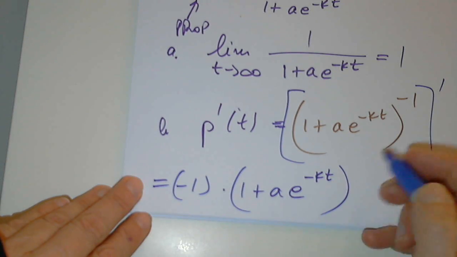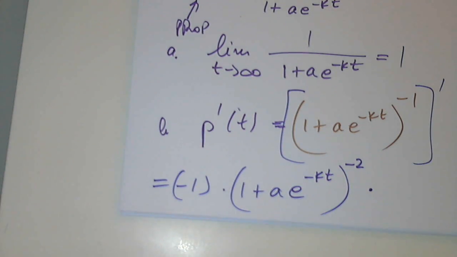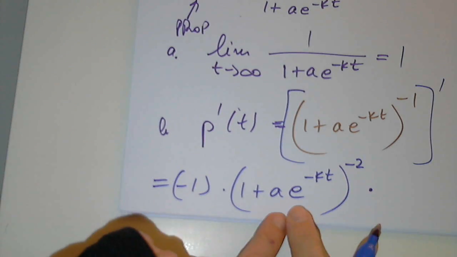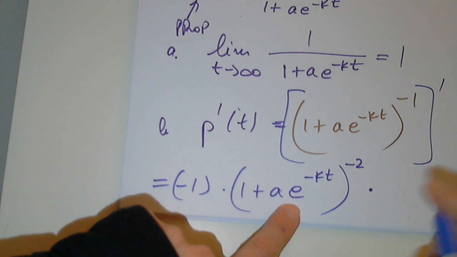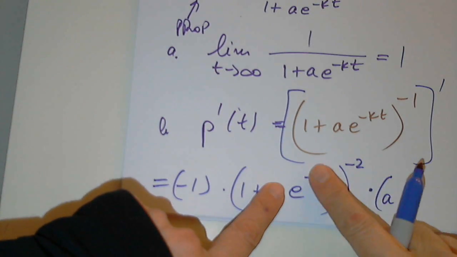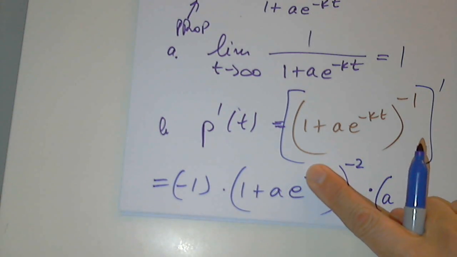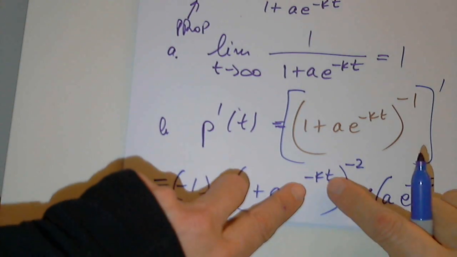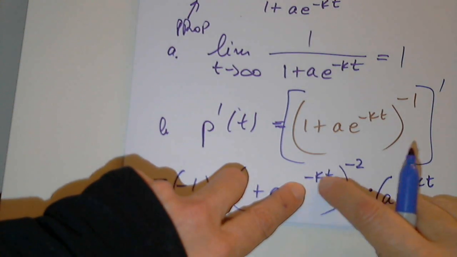Oh, sorry, so negative 2. Excellent, times the inner function prime. What is 1 prime? 0. And then I'm here a constant times a function. So this is a. Now I'm differentiating e to a function, which is the same. So it's e to negative kt times the inner function prime.